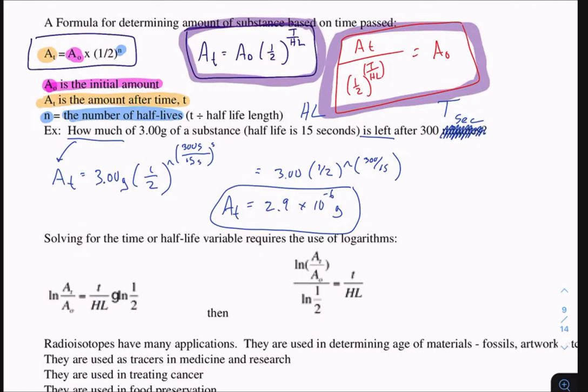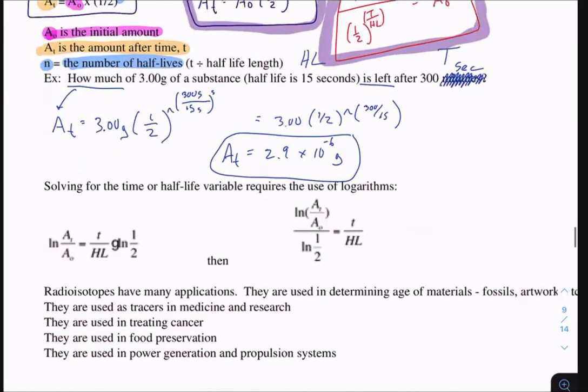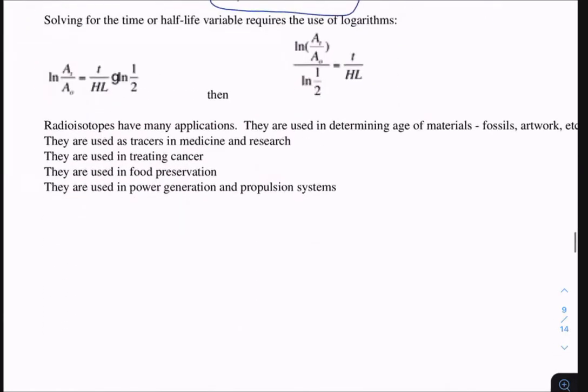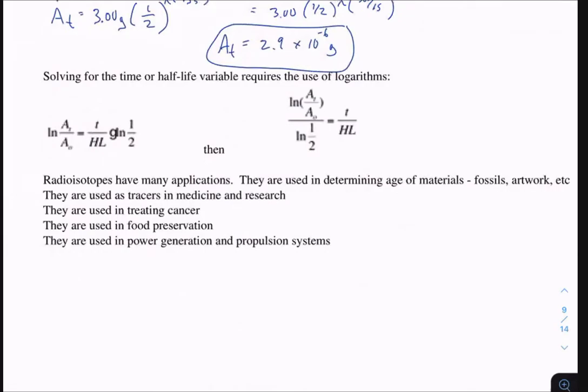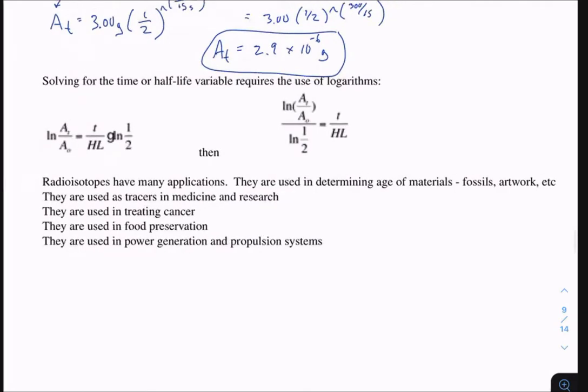This might make more sense if I do these from scratch. Right now, don't write anything down. Just watch what I do, okay? So here's our first equation.